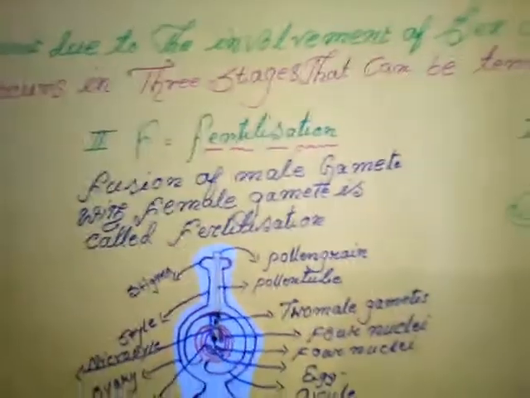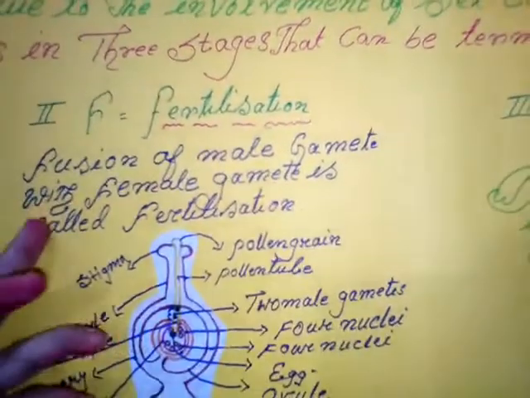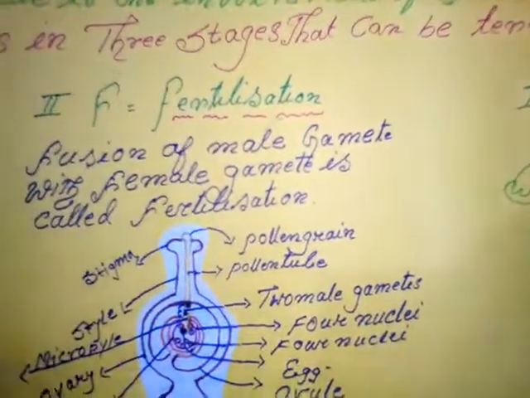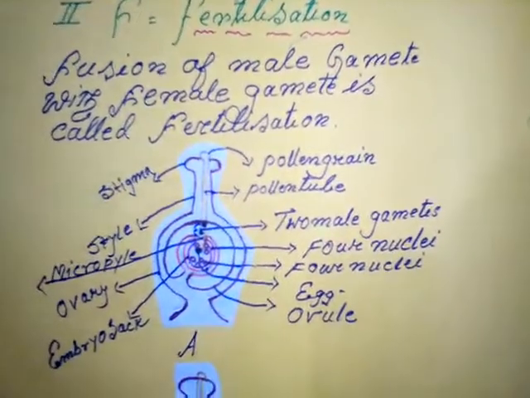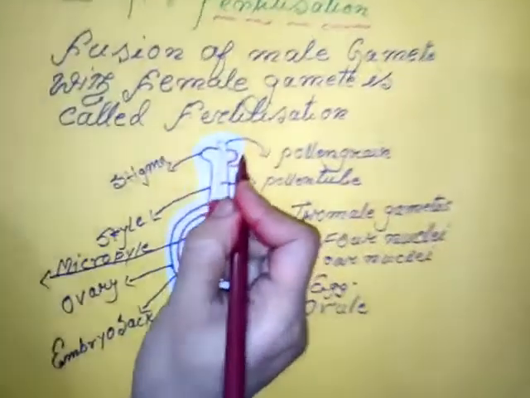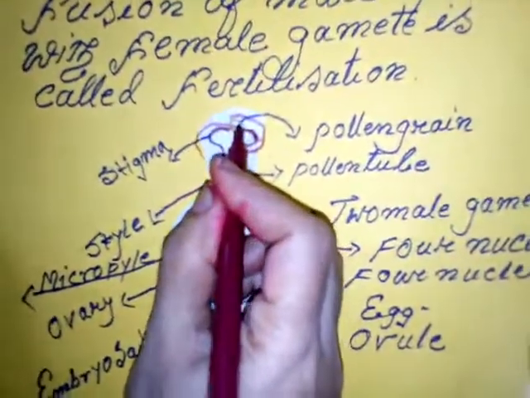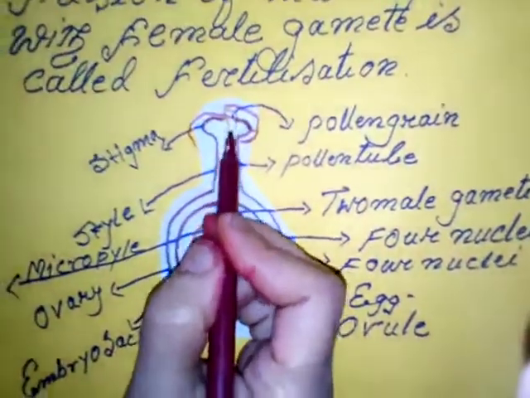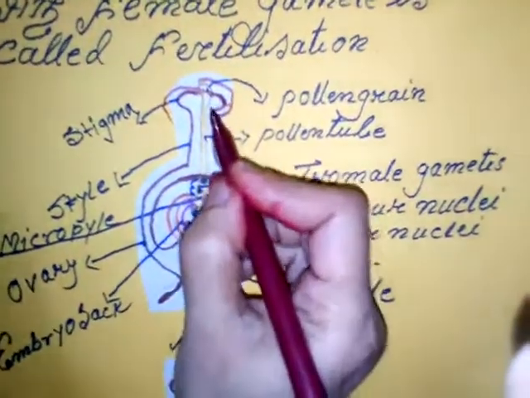Do you have any idea about fertilization? Fusion of male gamete with female gamete is called fertilization. When pollen grains fall on the stigma, this part is the stigma and this is the pollen grain, during pollination, then it forms a pollen tube.